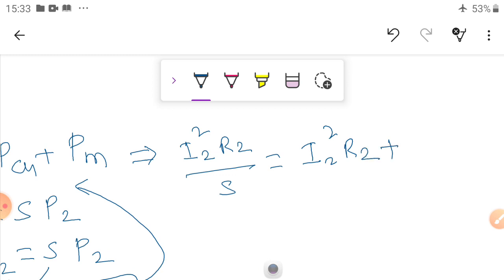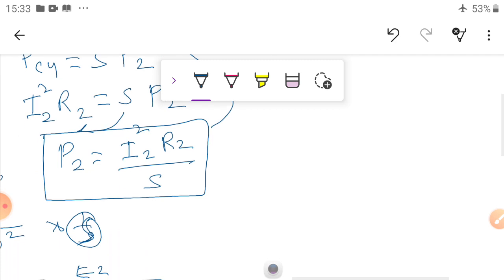What is the PM? The PM is equal to 1 minus S into P2. So we know these equations already, how the power transfer works.